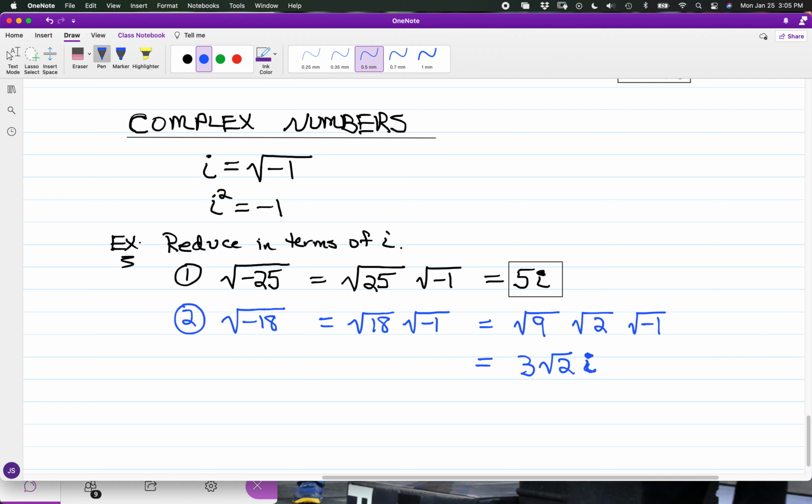Another way this could be displayed would be to have the radical at the end. So you could write this as 3i times the square root of 2.